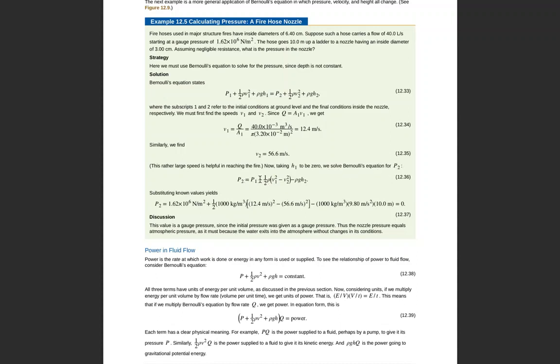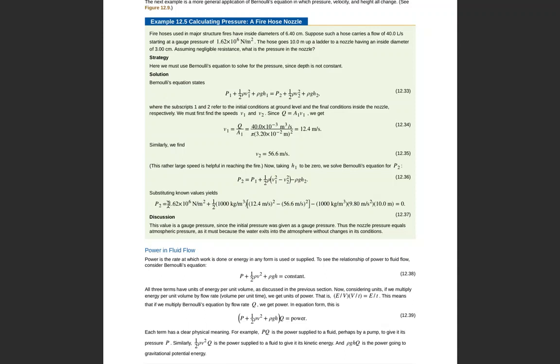So you move the 1/2 rho v1 squared over, and you have v2 already over here, and you're solving for P2. So you move the rho g h2 over too. Now you have everything you need.